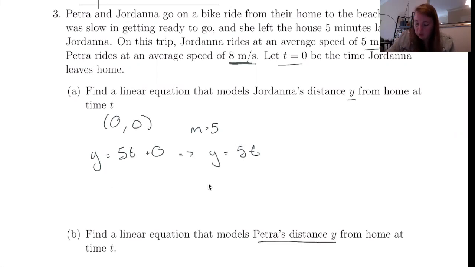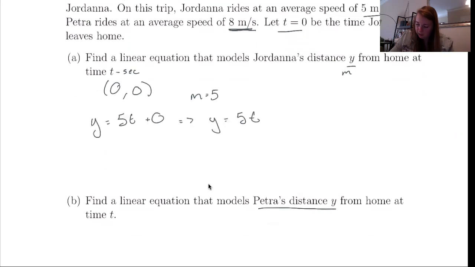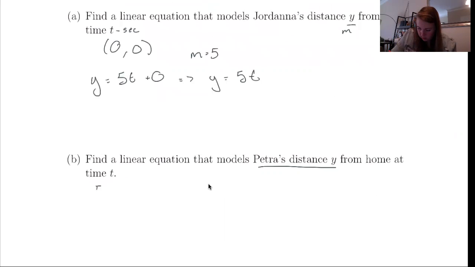Your slope tells you output over input units, right? Meters and time in seconds, okay? So 5 minutes, t equals 5 times 60, which equals 300, okay?